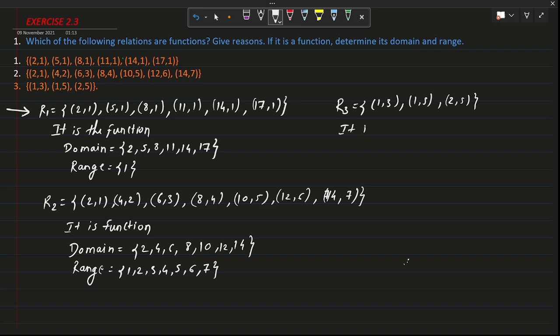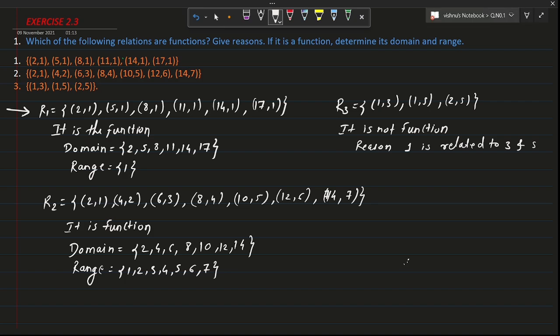It is not a function. The reason is simple: 1 is related to 3 and 5 both, hence it is not a function.